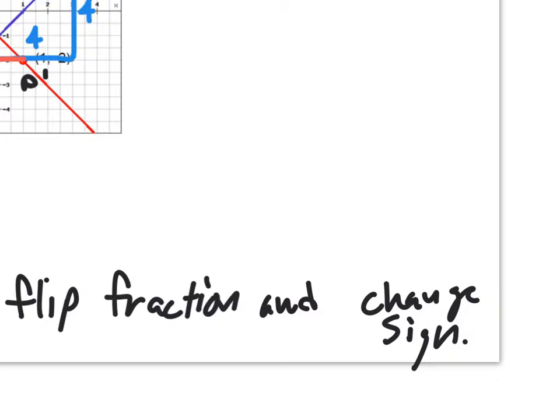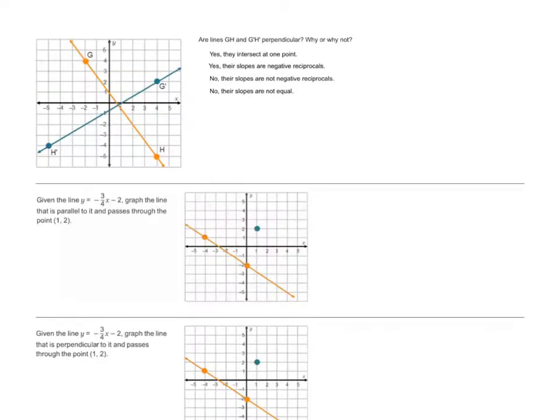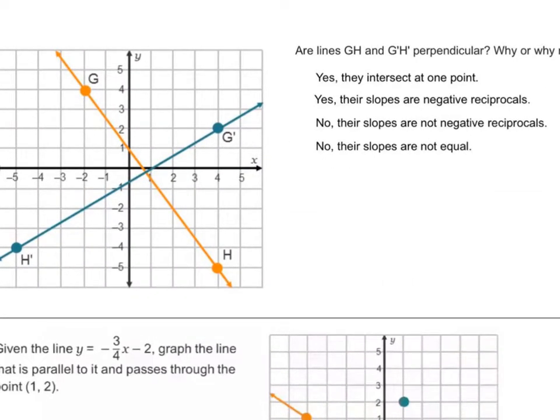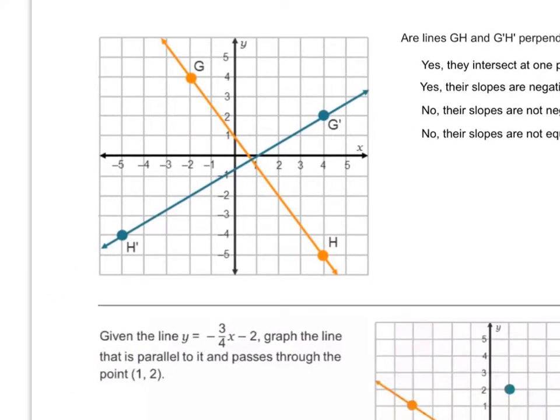Okay, so let's go through a series of equations and determine if lines are parallel, perpendicular, or what's going on. We want to see: are the lines GH and G prime H prime perpendicular? Why or why not? Let's calculate the slope between H prime and G prime.